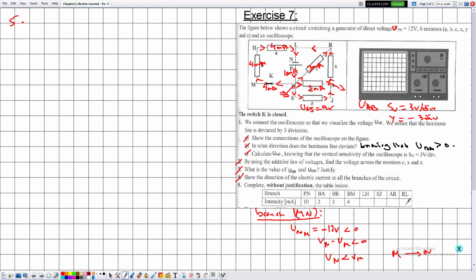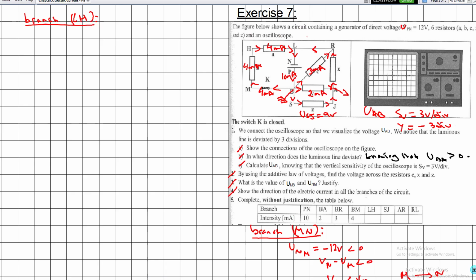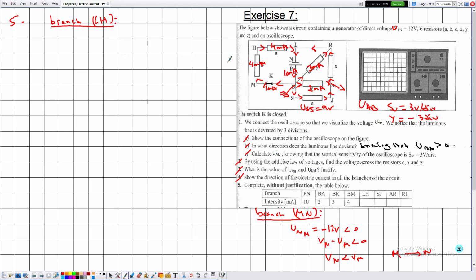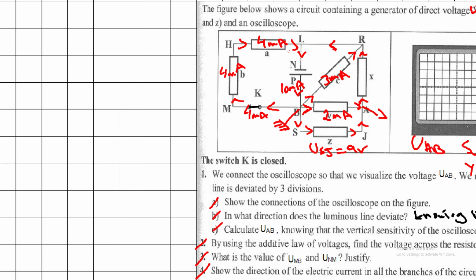Let me start directly with the branch LH. Notice that BM, MH, and HL are in series. So this component is being traversed by the current 4 milliamps.